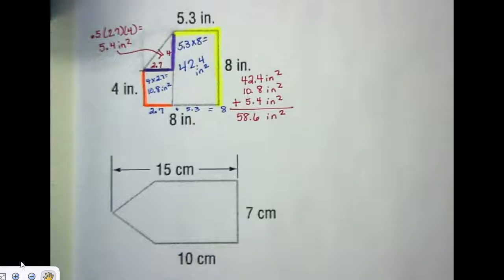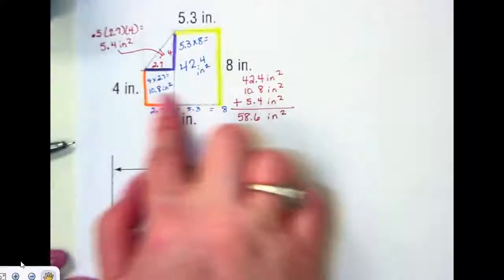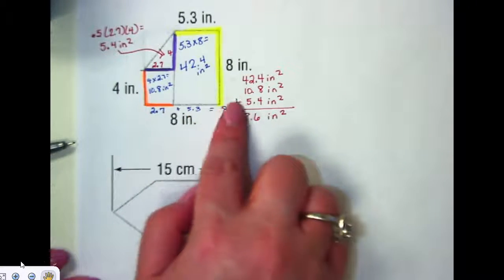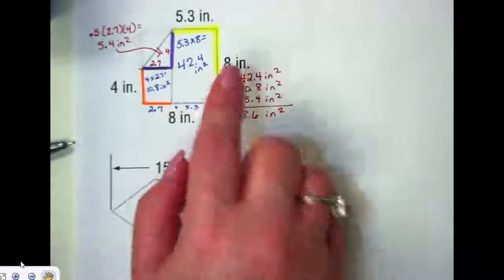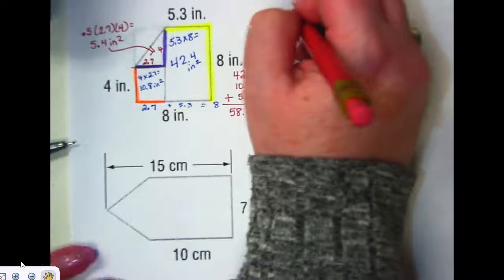All right, questions about that one? No? Okay. Do you want to see it when we decompose it, how we would do that math? So if I were to put this all back together, the base is 8 and the height is 8. So 8 times 8 is 64.